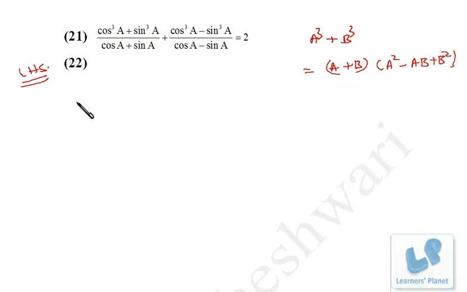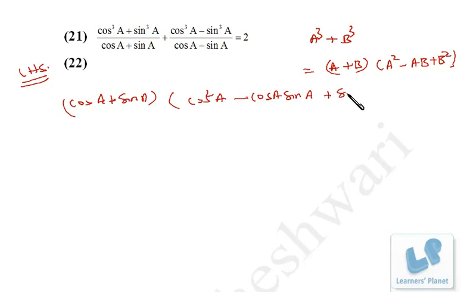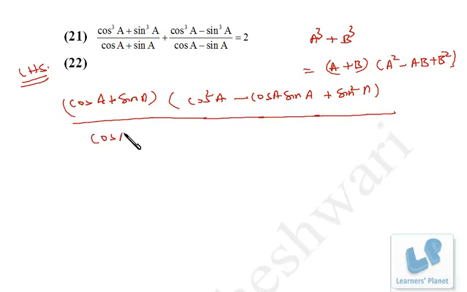So it's (cos a plus sin a)(cos square a minus cos a sin a plus sin square a), right? By cos a plus sin a, right? Plus, I just write the next step over here. a cube minus b cube will be, similarly, (a minus b)(a square plus ab plus b square), right?